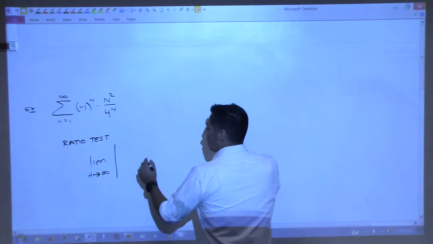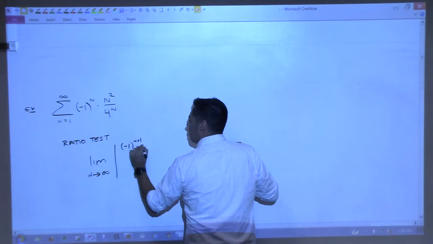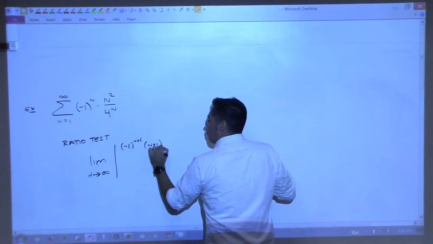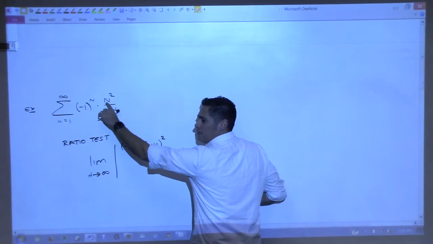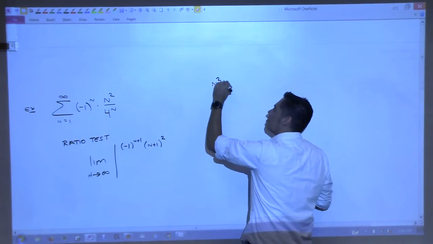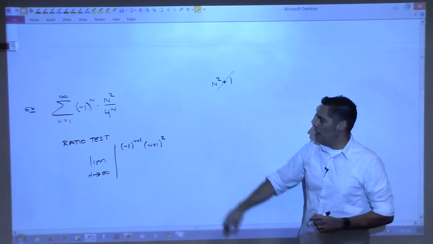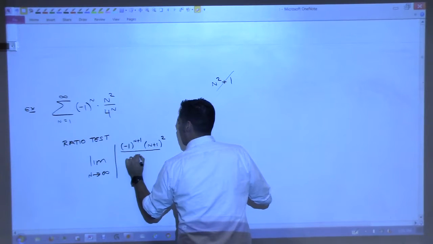Okay, so this will be negative 1 to the n plus 1. And then n plus 1 squared. Be careful with that. You're replacing that n with n plus 1, right? That is not this. Okay, it's not that. It's n plus 1 squared. And then over what? 4 to the n plus 1?